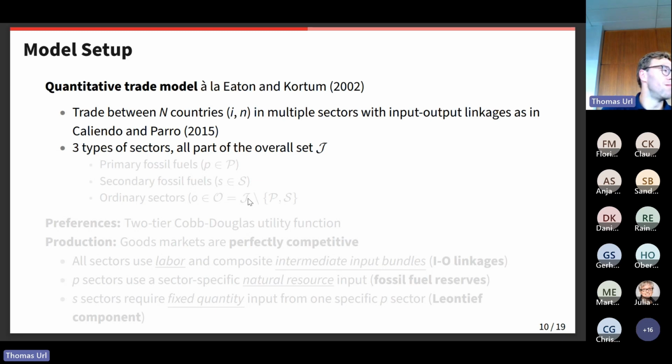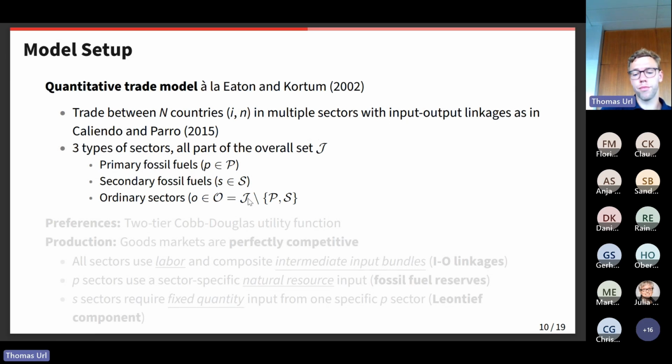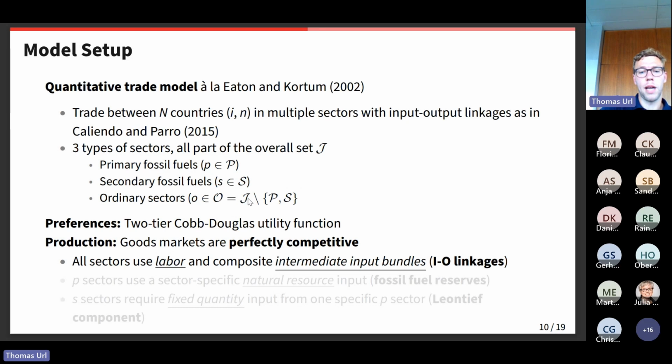We add two additional types of sectors to the overall set J: primary fossil fuel sectors P, secondary fossil fuel sectors S, and all others. Our preferences are classic Cobb-Douglas. Can you tell the difference between primary and secondary fossil? Yes, I will in a second.